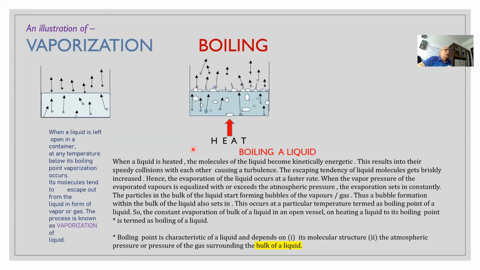Next, we have to take a very, very important characteristic of liquid, that is boiling point. And mind it, this boiling point is of much use to us so far as our subsequent studies about solutions are concerned.